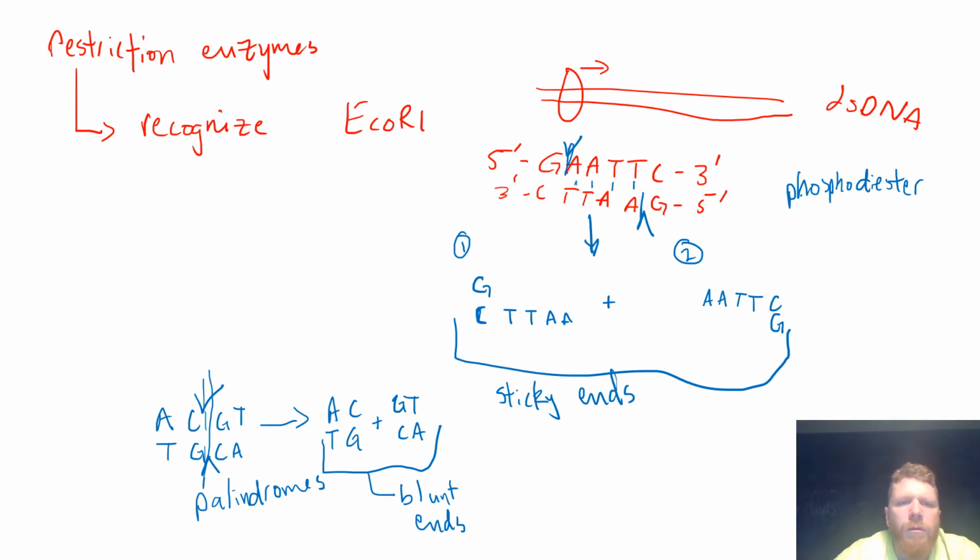A restriction enzyme is going to look for a specific sequence, at least I'm going to say 4 base pairs long. Let's say it's looking for ACGT. A question that I like to ask is, in a randomly generated piece of DNA, how often will this sequence be found?